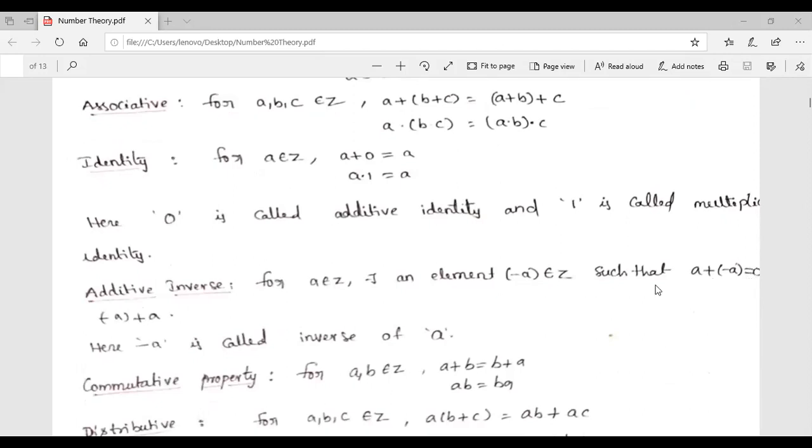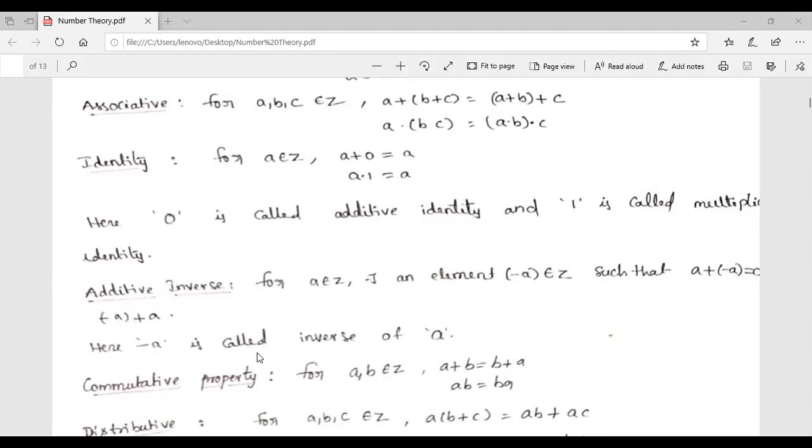So a plus b is equal to e, that is equal to minus a plus a. Then we say that minus a is called the inverse element of a. When two elements are added and that gives the identity element, then that element is called the inverse element. So here minus a is the additive inverse of a.